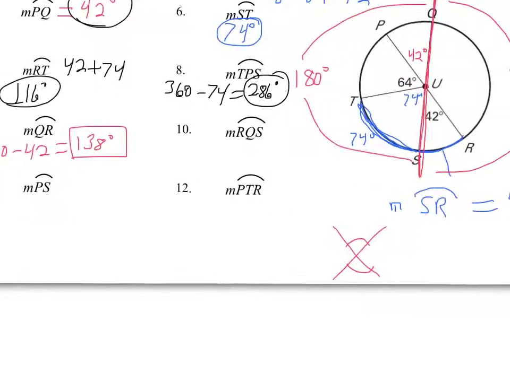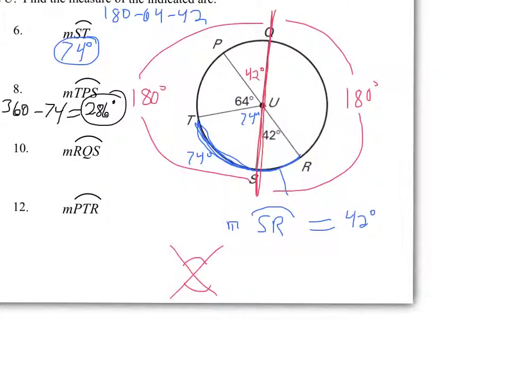Number 10, measure of RQS. Where's RQS? Let's see here. RQS. Oh, again, we're going almost the whole way around the circle. We're doing 360 degrees, except not this 42. So I'm going to do 360 minus 42, and that would equal 318 degrees.